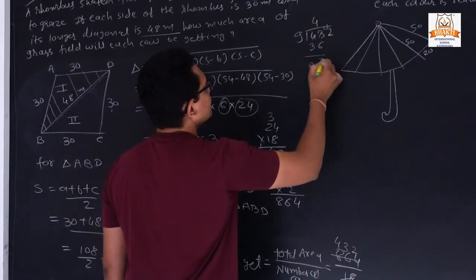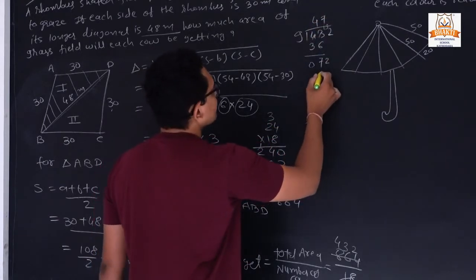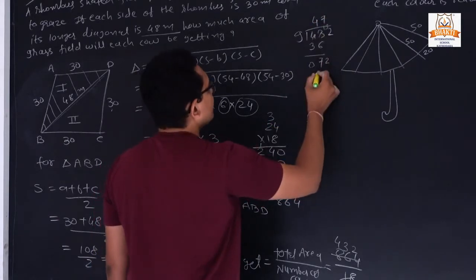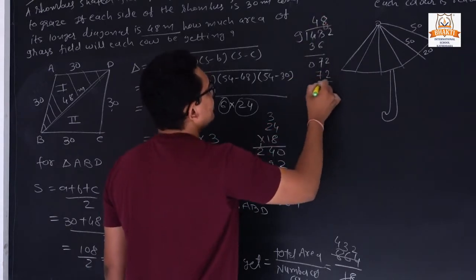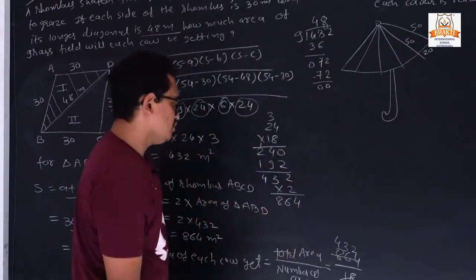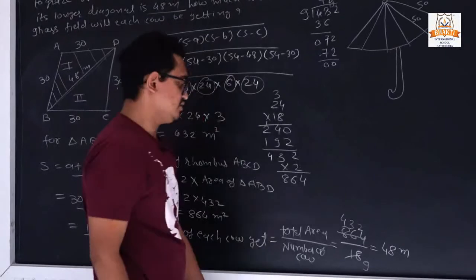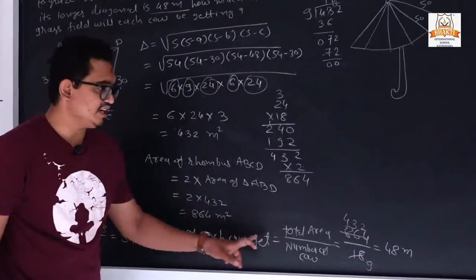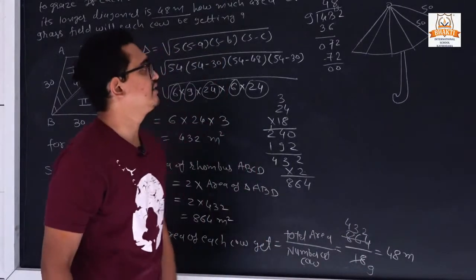Here 0. 7 9s are 7 8s are 72. So the answer is 48 meters. So it means the area each cow gets is 48 meter square.